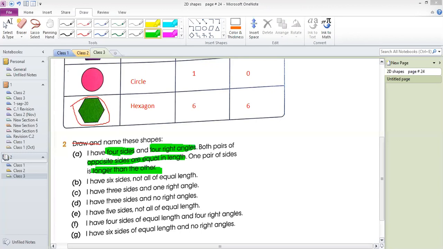But once I read that opposite sides are equal in length, I got the idea that this is not a square, because in a square all sides are equal. Here opposite sides are equal and one side is longer than the other. So it is only a rectangle. Which shape is that?